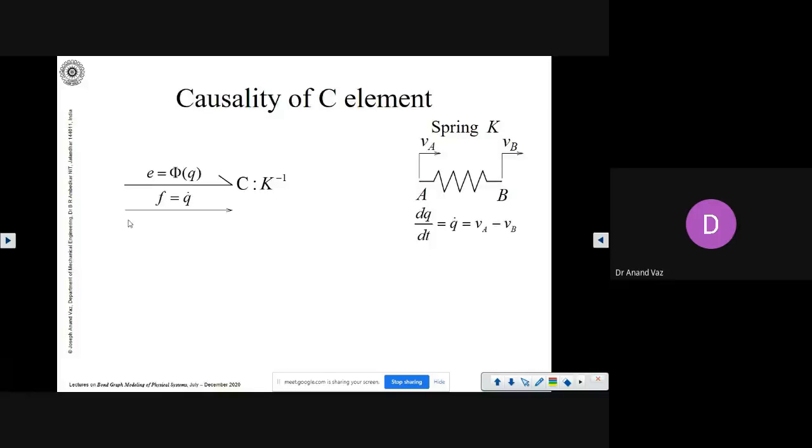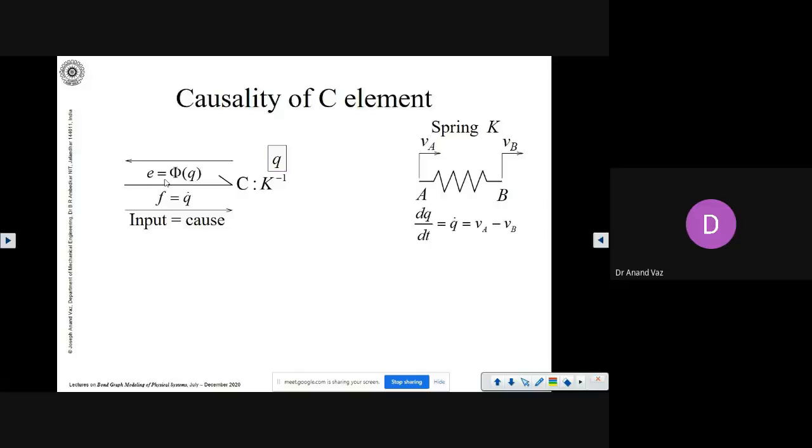Now, suppose you pass in an input which is flow. Input is cause, which is flow. And the spring integrates this cause and determines its state, which is its generalized displacement. And it produces an output which is a function of this generalized displacement.